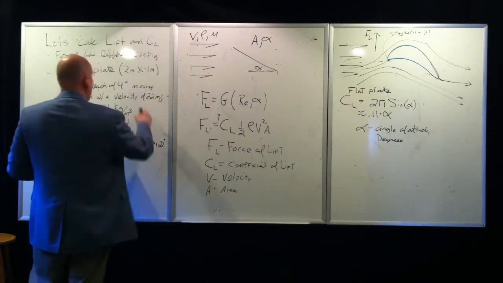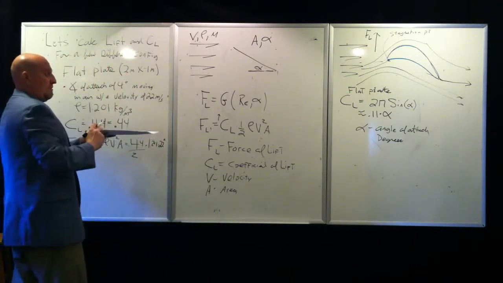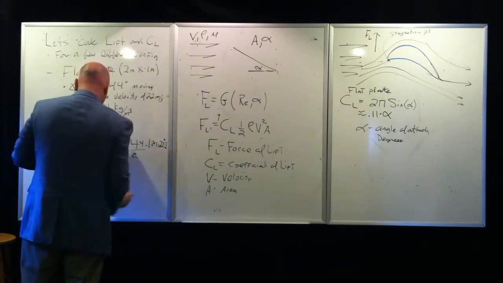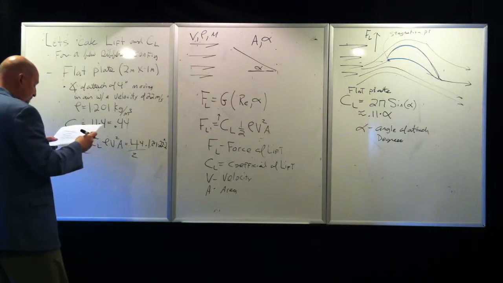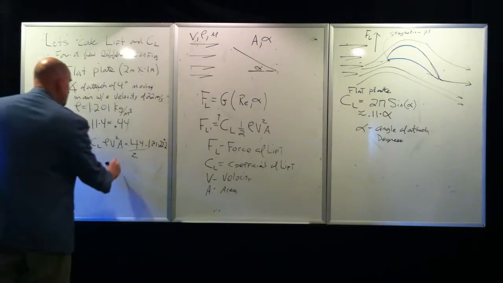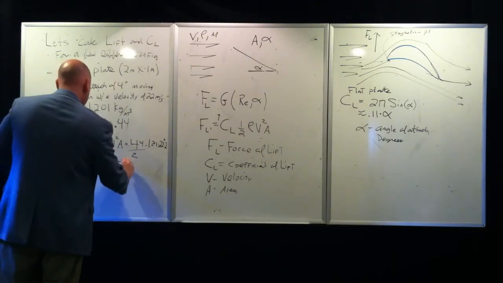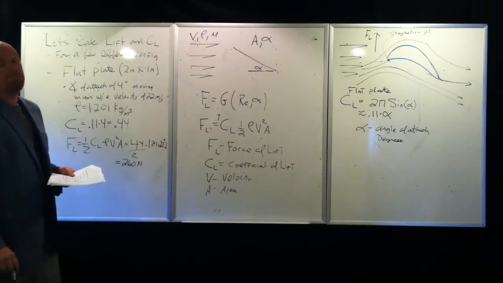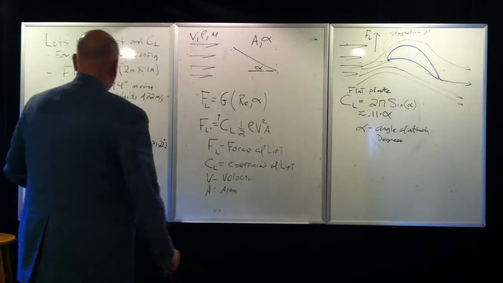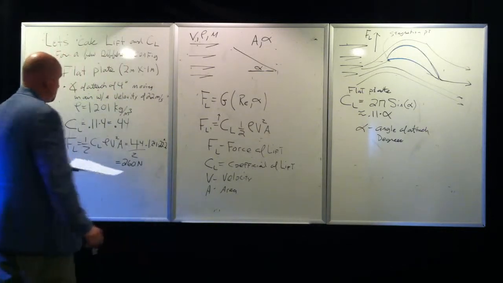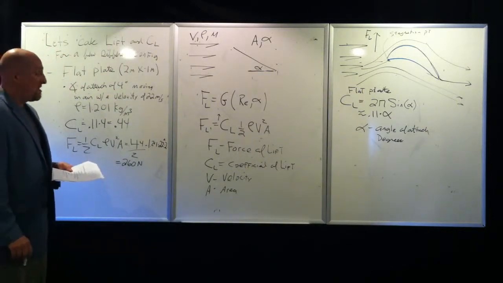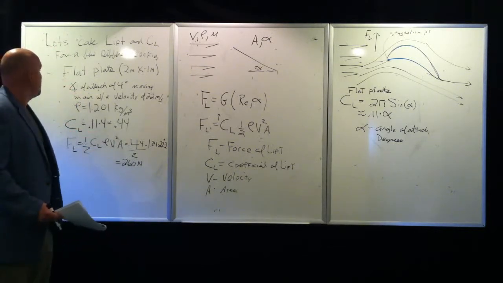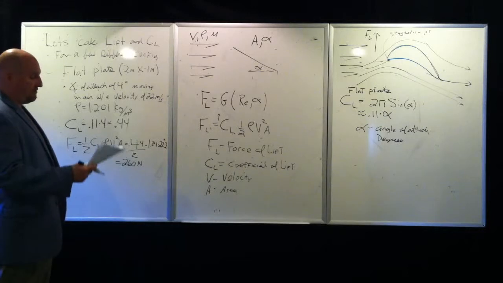And then we also need to multiply by the area, 2 by 1 gives me an area of 2. This results in a force of lift of 260 newtons. I'll just pause a second and let everybody perform this calculation before we move on to another calculation.